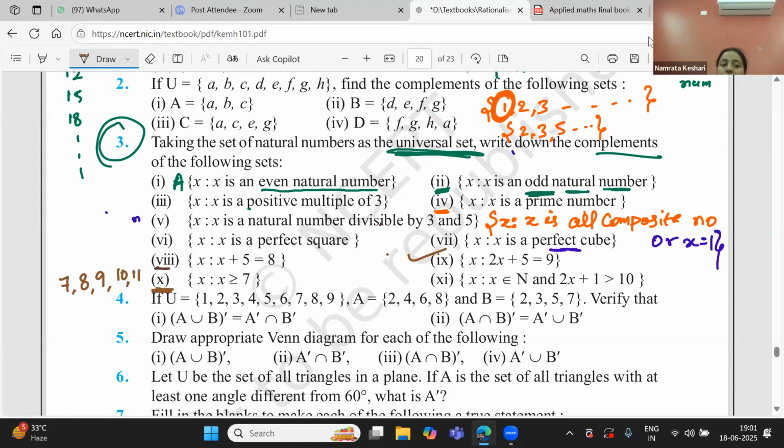So suppose this is x, then x complement will be all those natural numbers smaller than 7, x is smaller than 7. Getting it? Yes, ma'am.